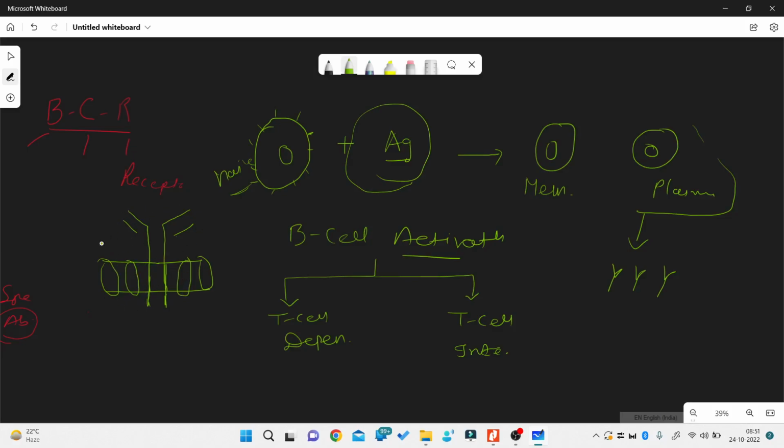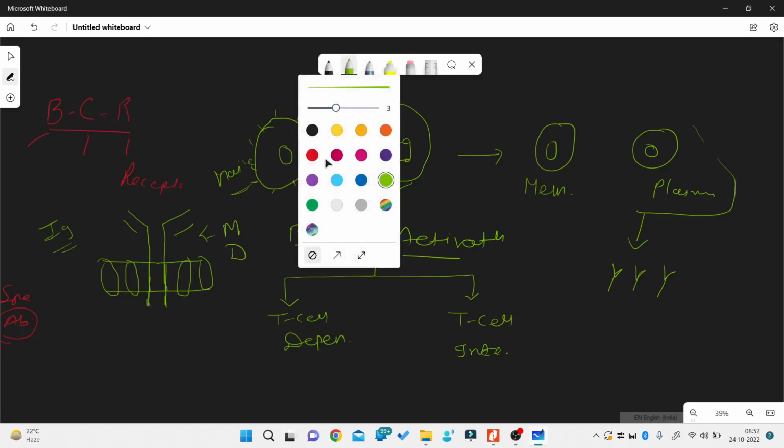This is known as the immunoglobulin. In most cases, it is monomeric IgM or IgD. These are the antibody units embedded in the B cell plasma membrane.